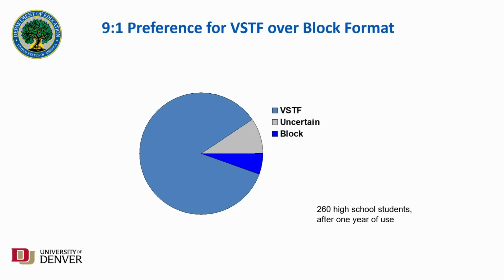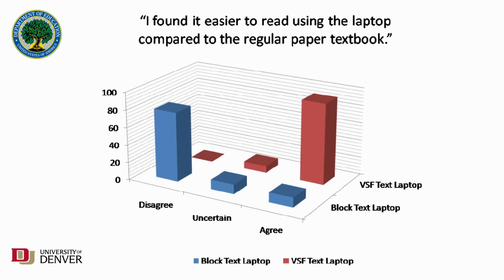High school students preferred by a wide margin reading VSTF over block format. In fact, if their only choice was to read block text with not having any VSTF option, a large majority of the students would rather read that text from a book.